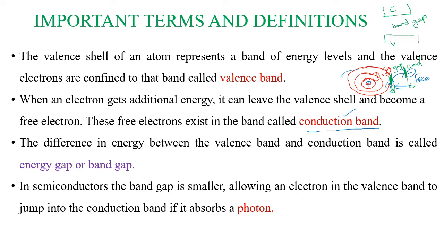If the band gap is very small, there may be free electrons, and this is applicable for semiconductors. If there is no band gap, if the bands overlap, then it is for conductors. But the band gap is very high for insulators.